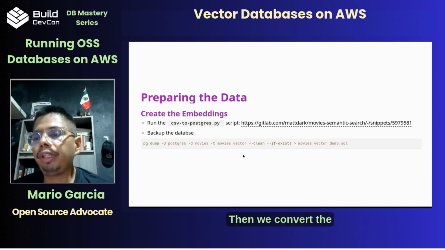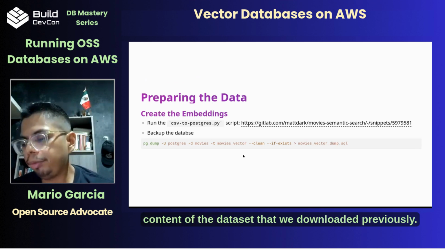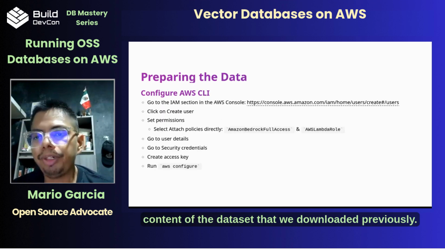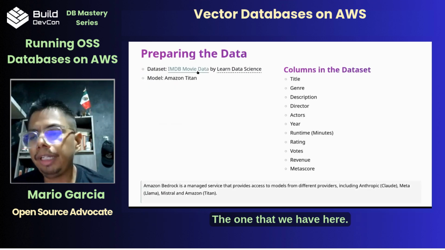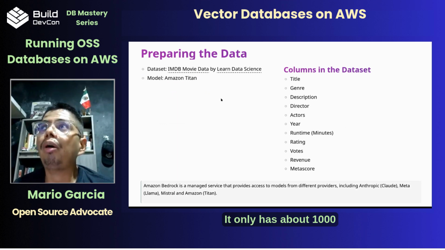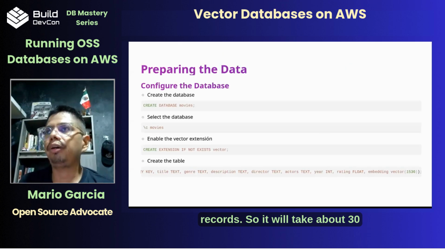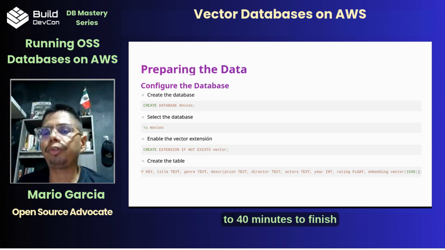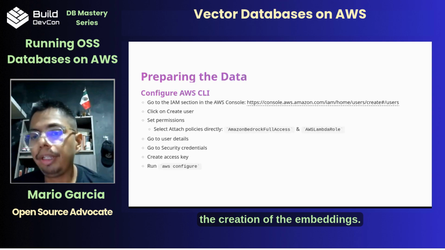Then we convert the content of the dataset that we downloaded previously, the one that we have here. It only has about 1,000 records, so it will take about 30 to 40 minutes to finish the creation of the embeddings.